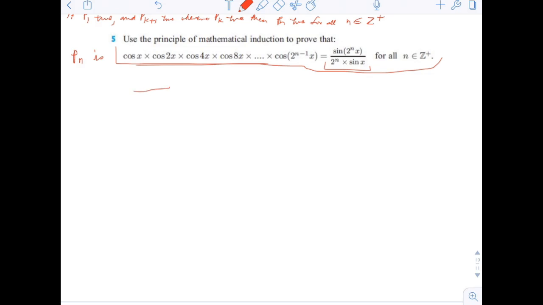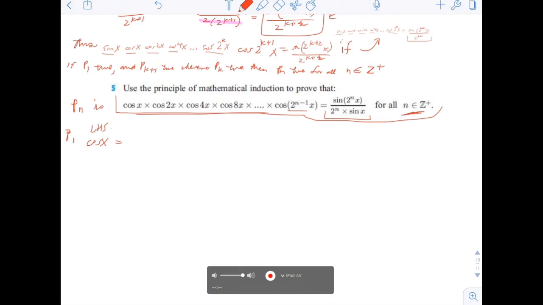The base case is that we take the left-hand side of this and substitute in n equals 1. If we do, we can see that this is cosine of 2^(1-1), which is 2^0, which is 1. Cosine of 1x is that. So the left side is just cosine x, just one term in the power series.